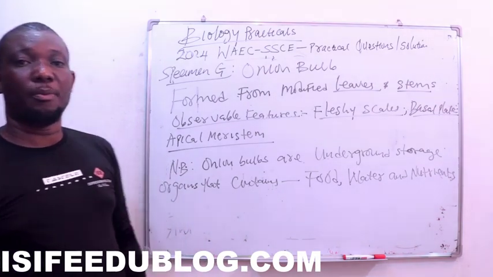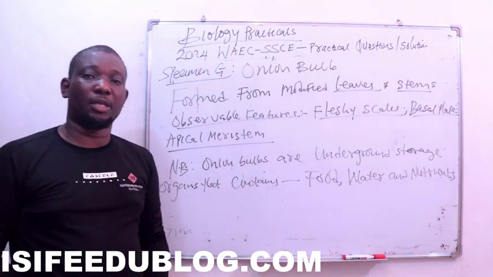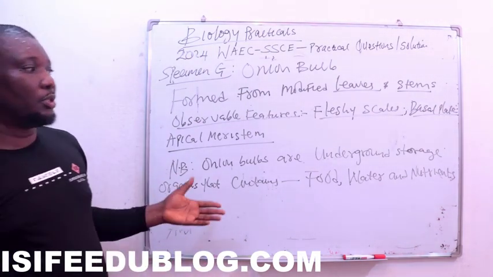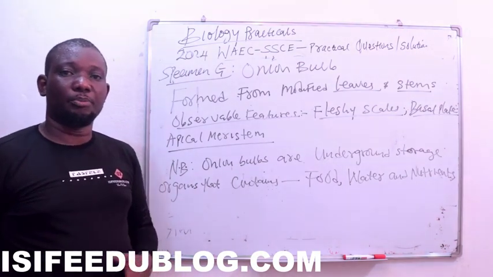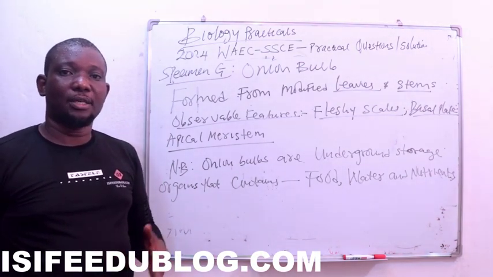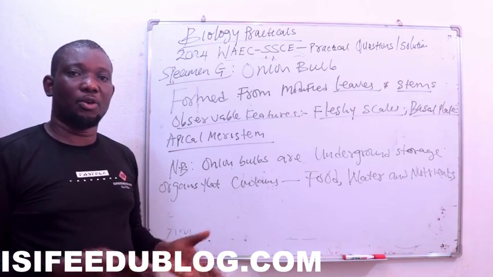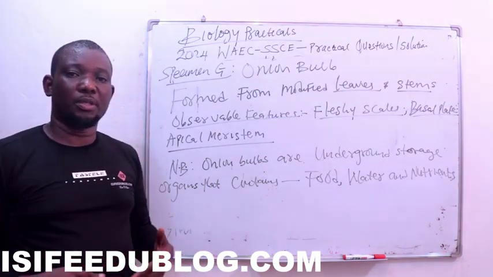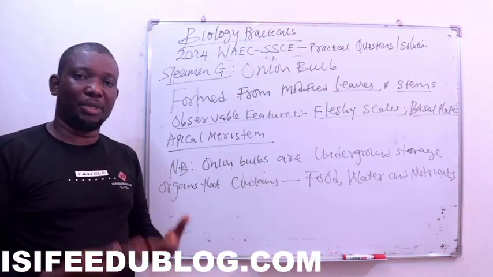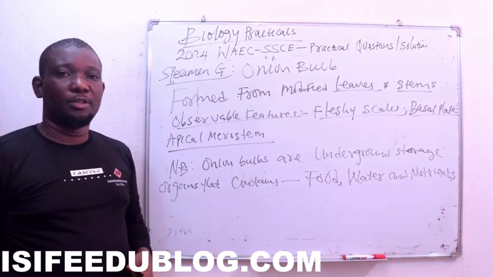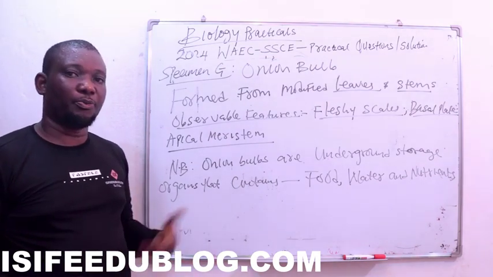One of the economic importance of onion bulb, just like ginger: both are used as what? Both are used as spices or food flavor because they give a pleasant aroma. They are used to spice up food.